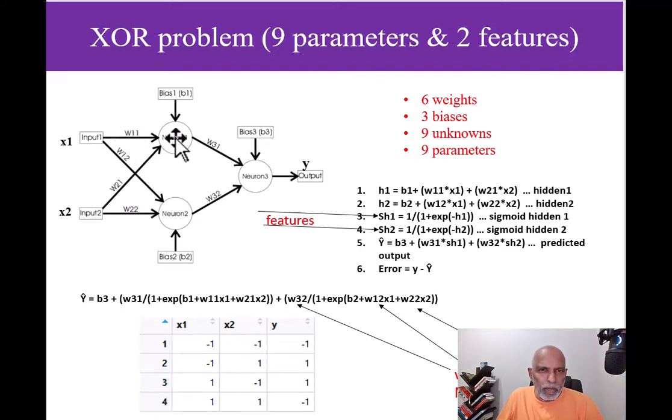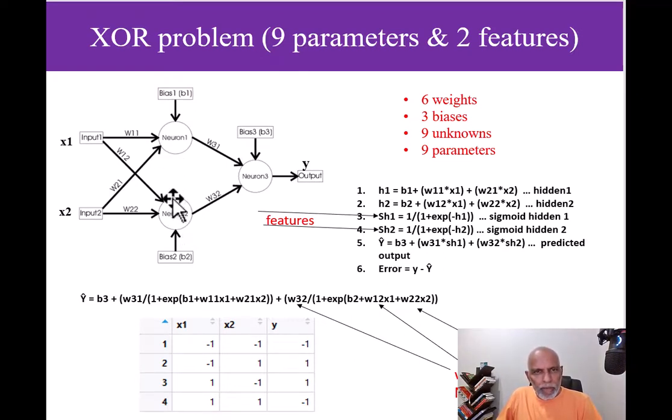the hidden layer neuron 1 and neuron 2, the categories where both are 0 or both are 1 will be connected to this one, and where only one of them is changed, the other one is the complement of that, that is captured by neuron 2.